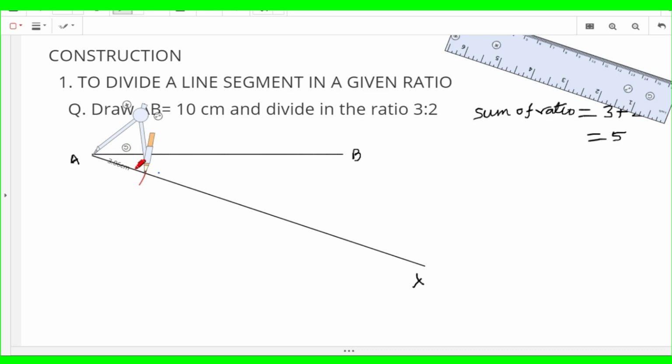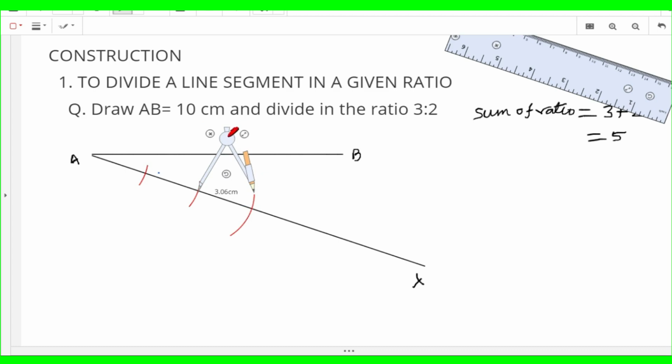This is the first arc we have taken. Then put your compass at this point with the same length and cut the second arc. Then bring your compass to the next point and cut the third arc.